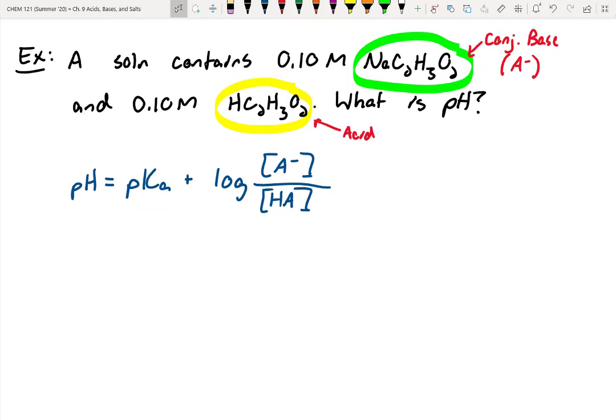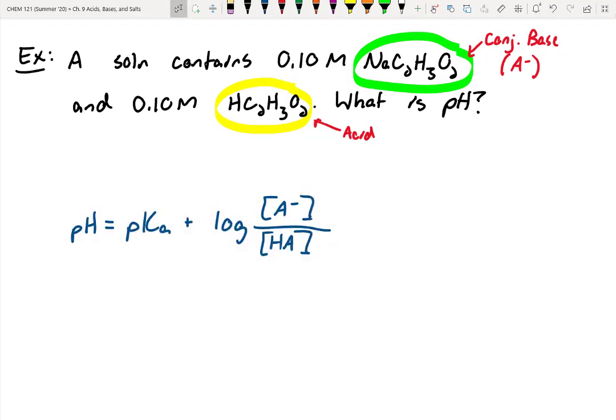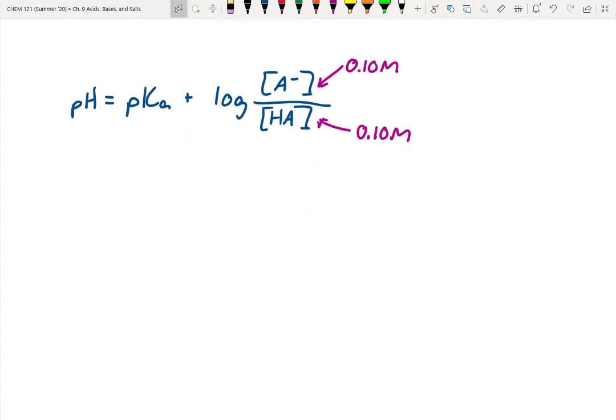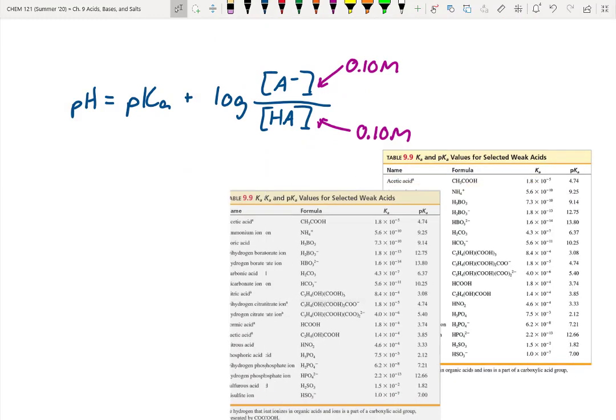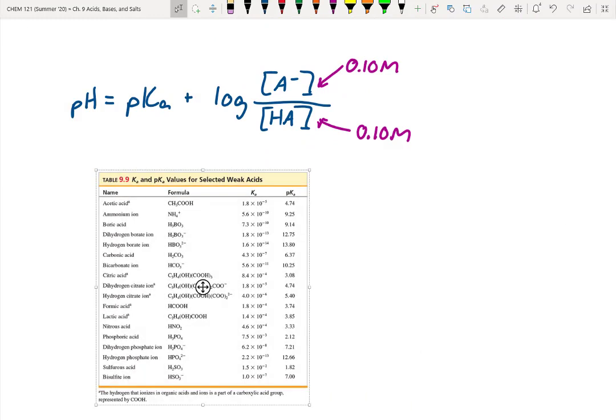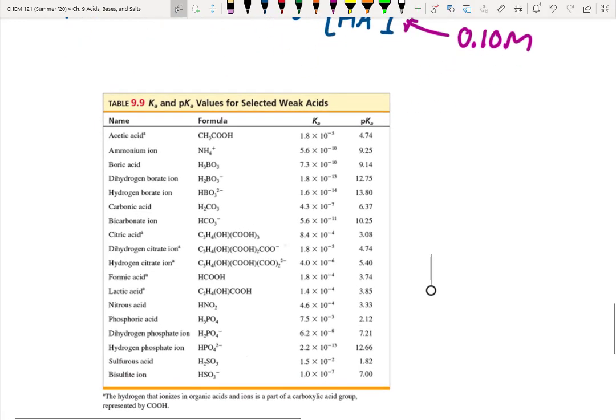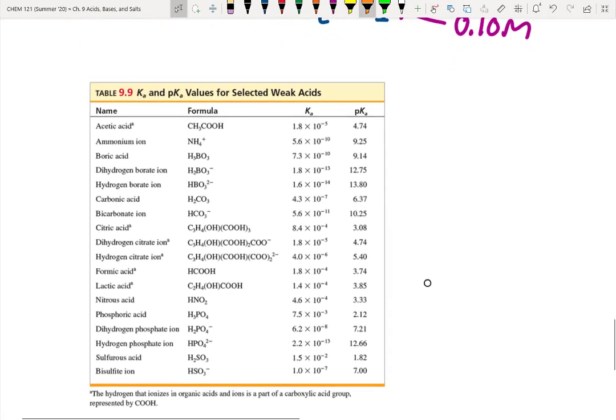Okay, so we've got kind of what we need now. I'm going to slide this down. And we can tell that A minus has a concentration of 0.10 molar, and then HA, same thing, 0.10 molar. Well, let's try to find the pKa value for this. I'm just going to use the table from our book. It's a little hard to see, but they've kind of formulated it differently.